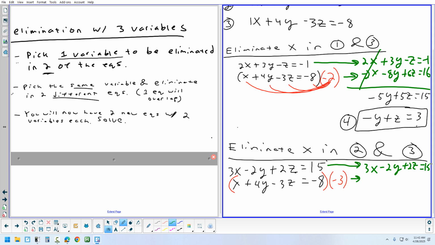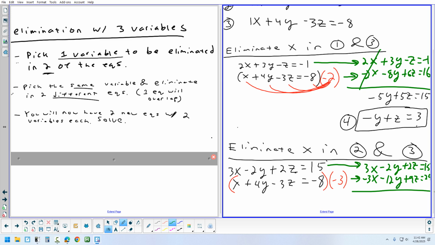And bottom equation, when you distribute the negative 3, can someone tell me what you got? Negative 3x minus 12y plus 9z equals 24. I ran out of space.